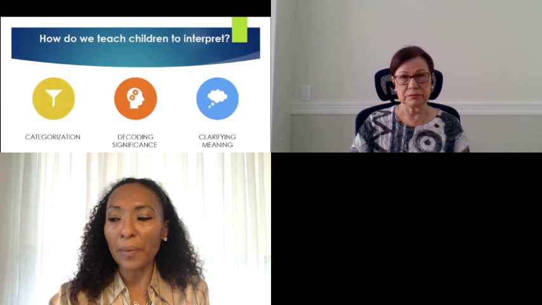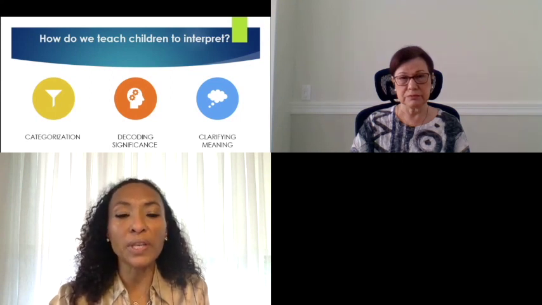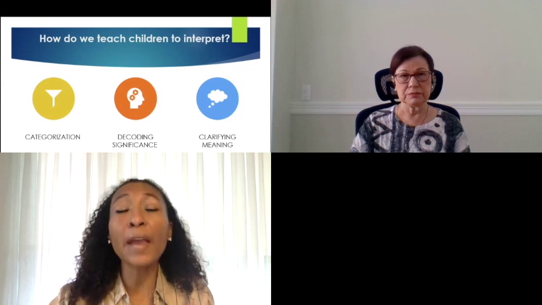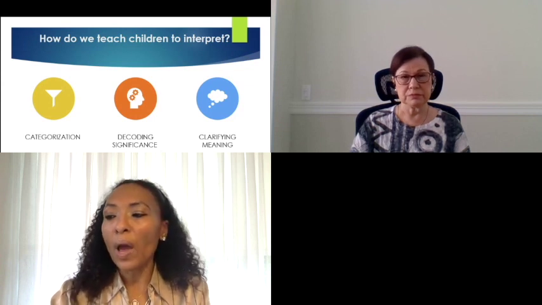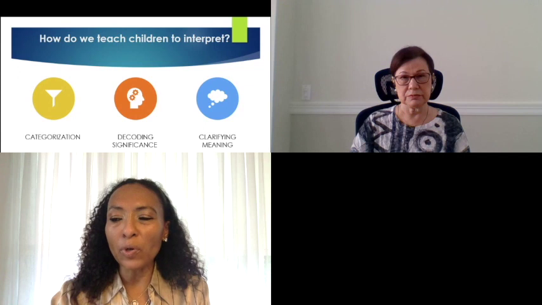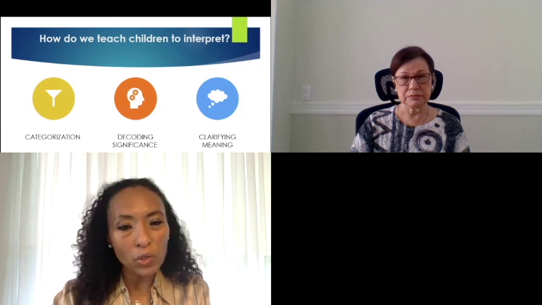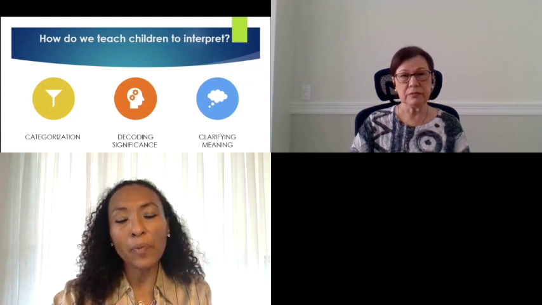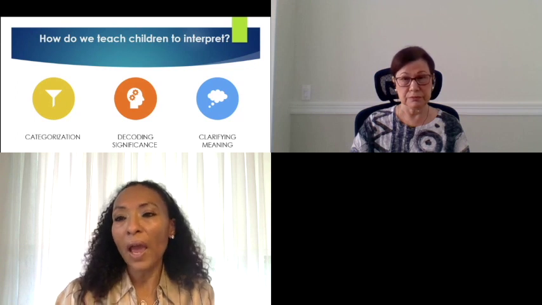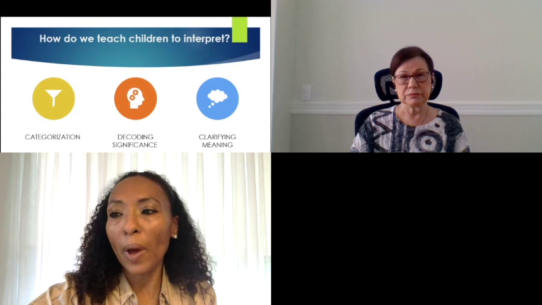They can use words and meaning, or gain meaning through numbers or signs or charts or graphs, that they can then bring that information into their writing and display that they're able to interpret well.